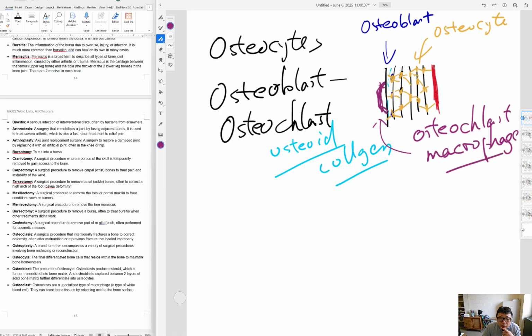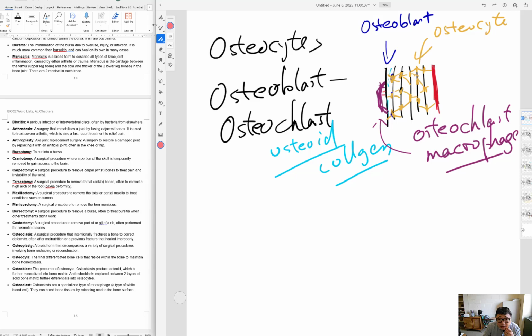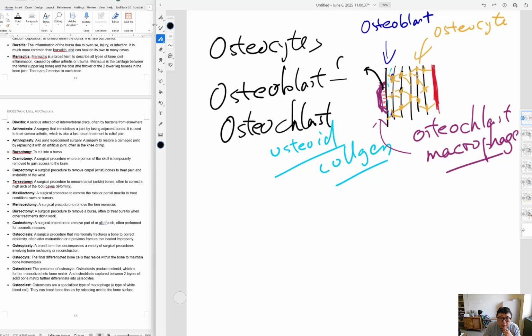The osteoclast releases acid, and the acid dissolves the bone and releases the calcium. This is one major reason why the osteoclast comes here.